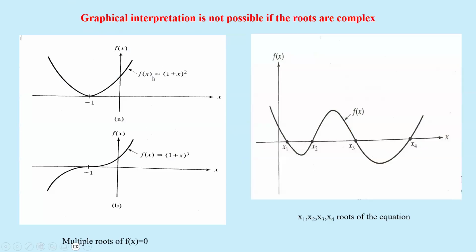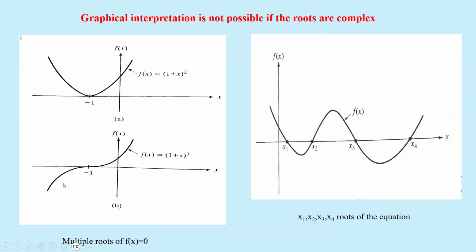Let's look at these two figures. If you look at this figure, as you can see, this graph touches the point -1, and -1 is the multiple root for this function.